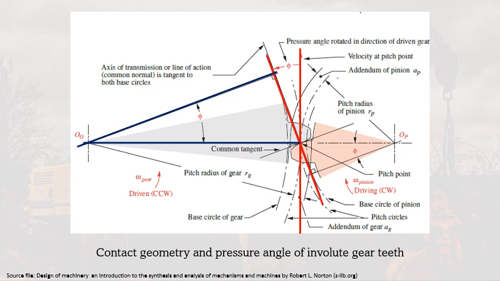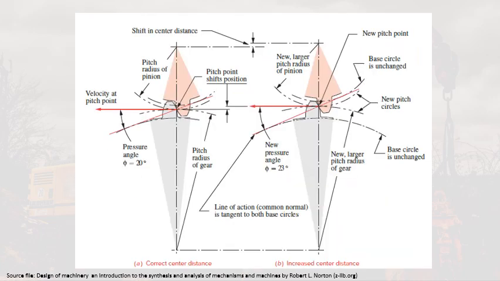So for example, when you will be designing a gear later on and you are given the pressure angle, you should make sure that there is a tangent with respect to the axis of transmission to both the pinion and the gear, and that the normal passes through the pitch circle.